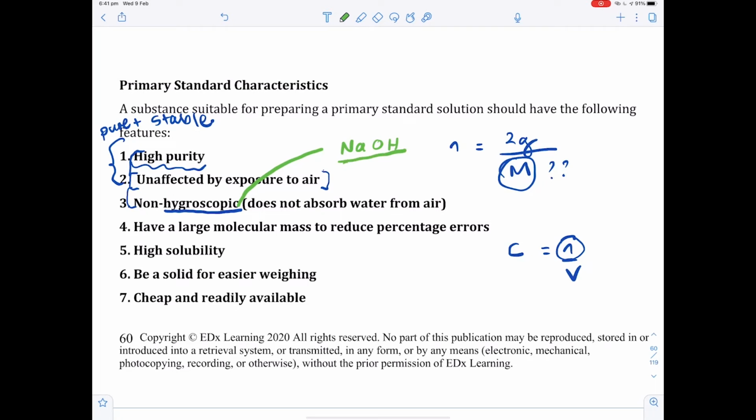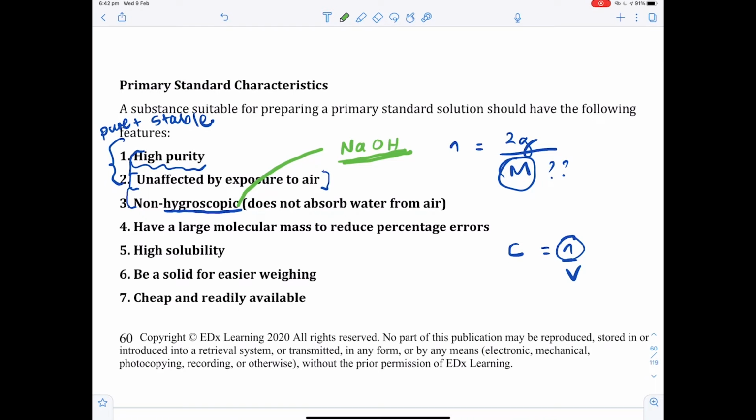It's been asked in past HSC papers, so it's very high yield, you know this. NaOH has a tendency to absorb water from the air. Okay, so as a result, can I ever use NaOH as a primary standard? No, right? So that's one of the reasons it can never be used. So NaOH's concentration is always determined through titration.